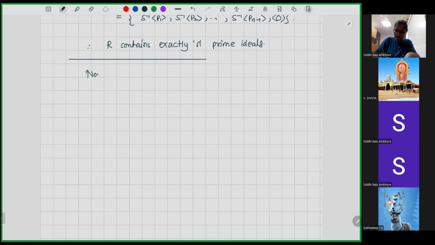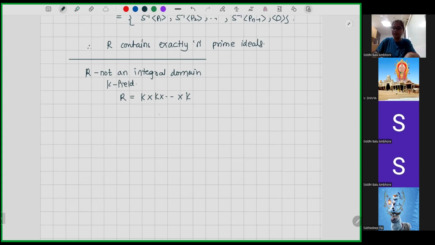Okay, so this was the integral domain case. For the non-integral domain, this is a very bad way of writing it, but let me write R not an integral domain. In that case, we can choose R to be K cross K cross K, where K is a field.